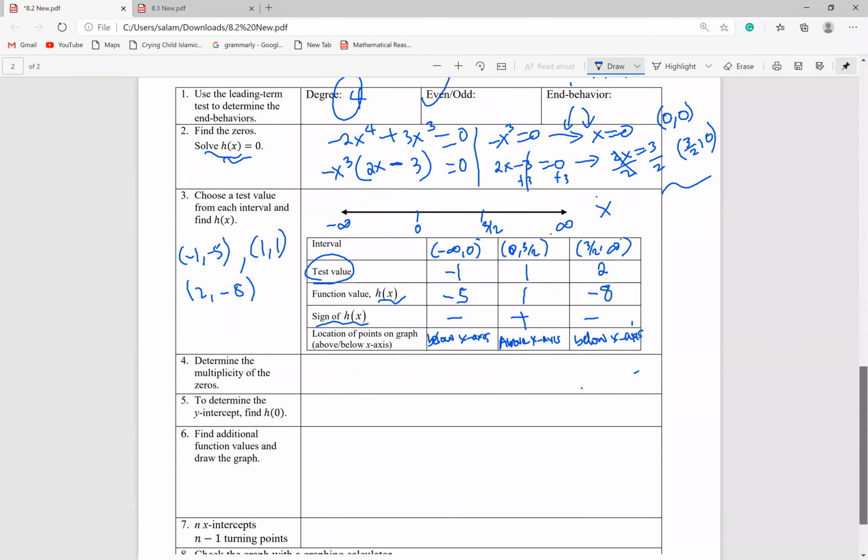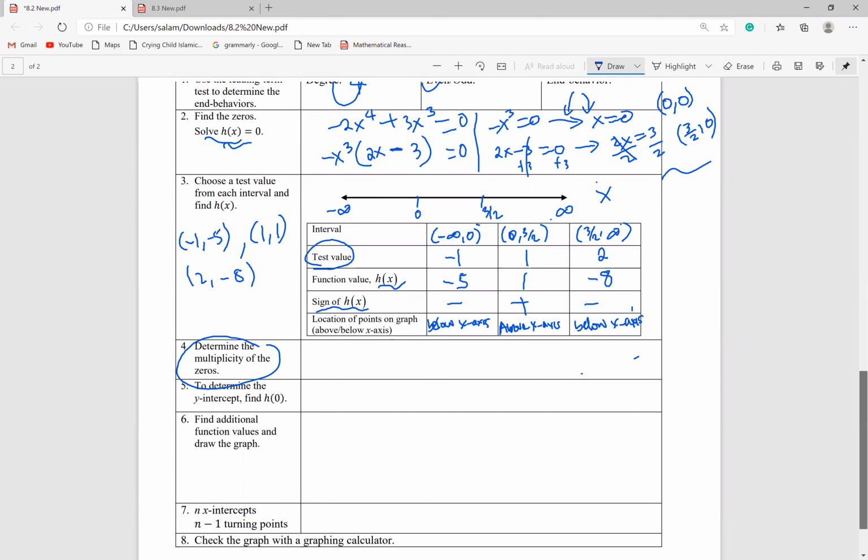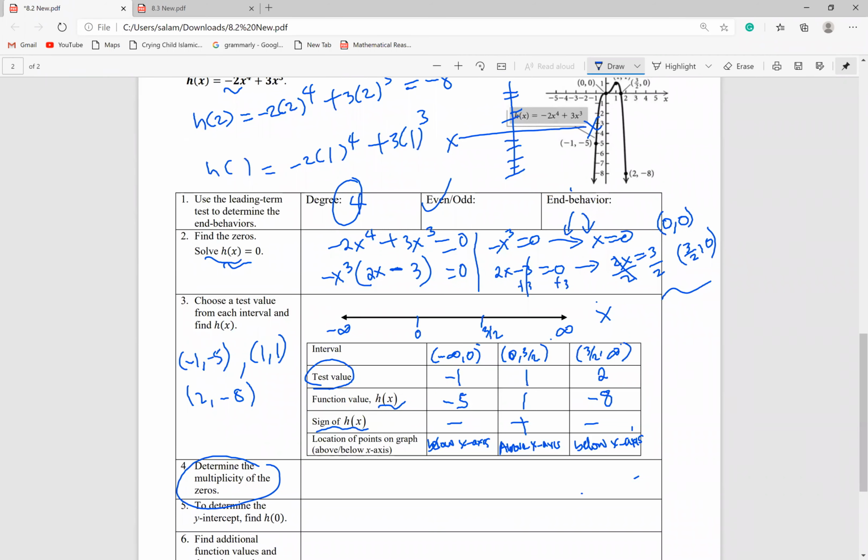Then after that, we have to determine the multiplicity of the zeros. Don't forget, we already got the zeros by setting h of x equal to 0. So the zeros that we got were 0 and 3/2. Those are the zeros, and they're also called the x-intercepts. Now we're asked for the multiplicity.